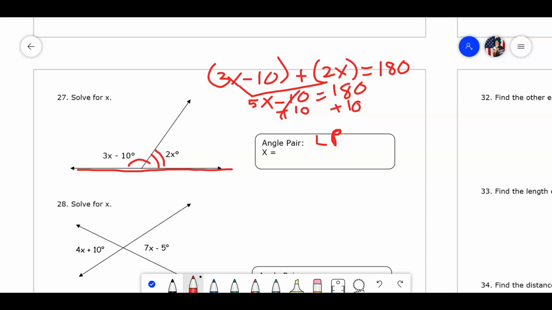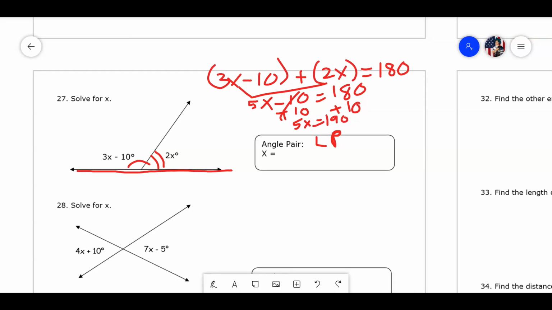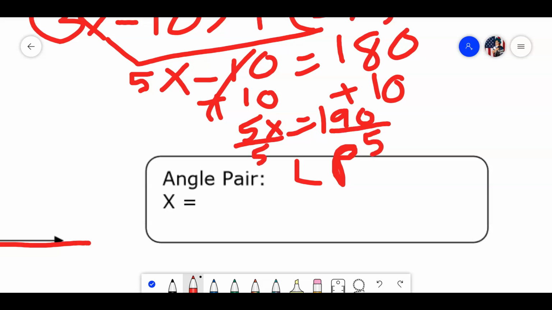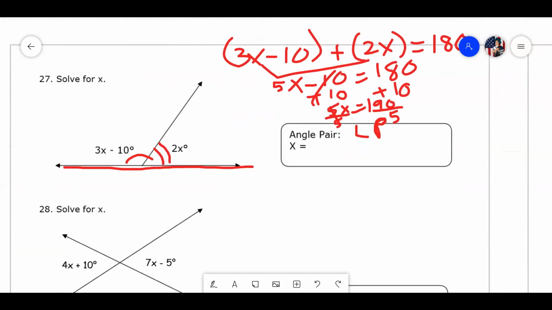So now I have 5x equals 190. Now, how do you think I'm going to get rid of that 5? 5 and x are multiplied, so the opposite is to divide. Divide. Now, what is 190 divided by 5?